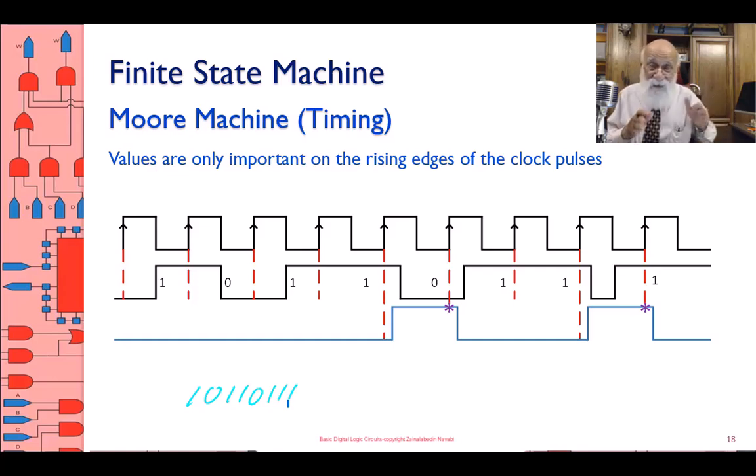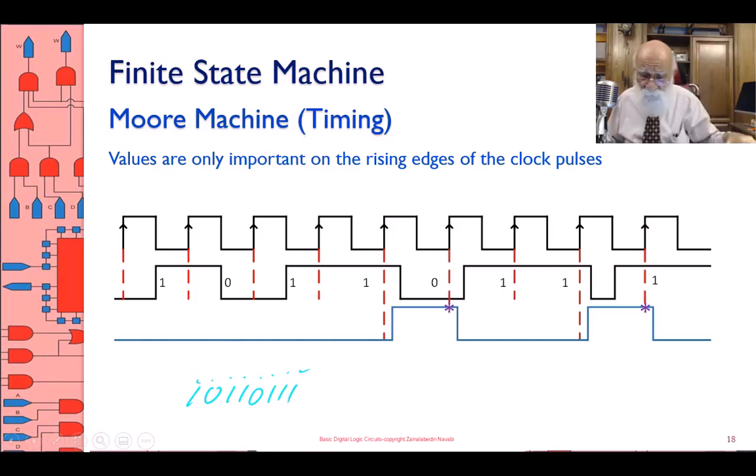When I say let's give it an input, and my circuit is a synchronous circuit, and the clock is rising edge, it means that 1 0 1 1 0 1 1 1, 8 values, come in 8 consecutive edges of the clock. These are the values on the input. And I only look at the edges of the clock. I don't look at the duration, and which edge? The rising edge of the flip-flops.